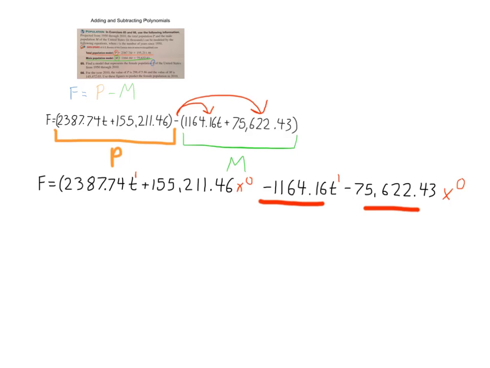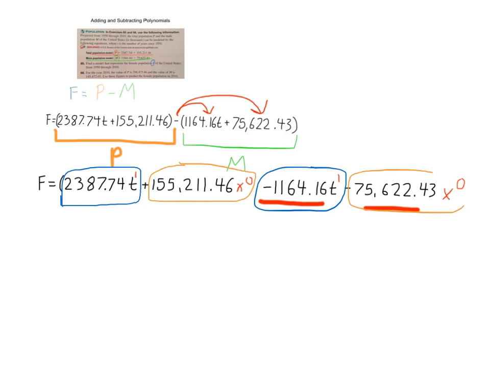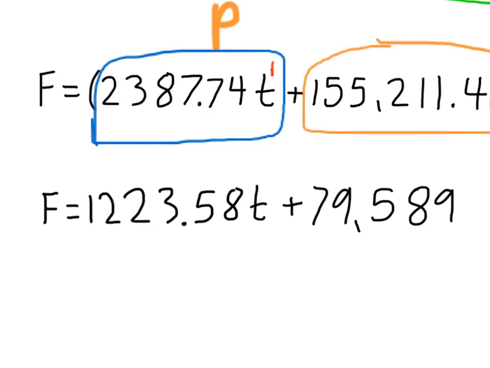So we're going to combine the t to the 1, and we're going to combine the t to the 0s, x to the 0s. And here's our equation for the female population in terms of t, which is the number of years since 1950.